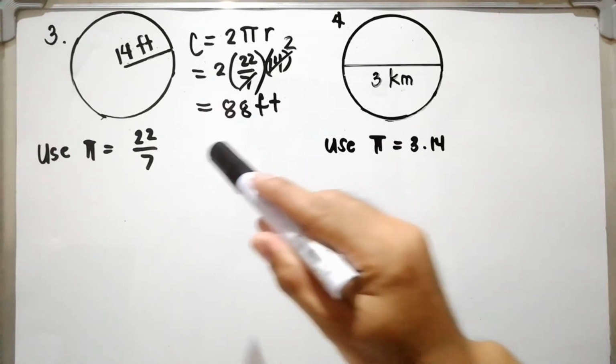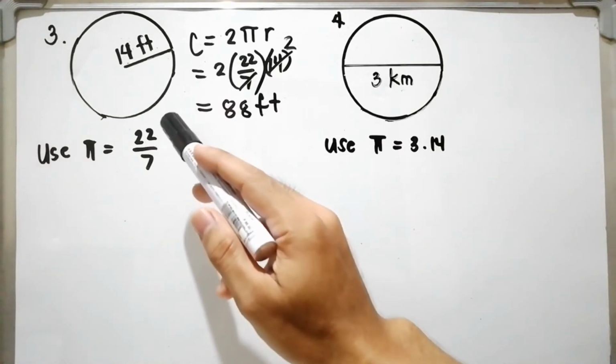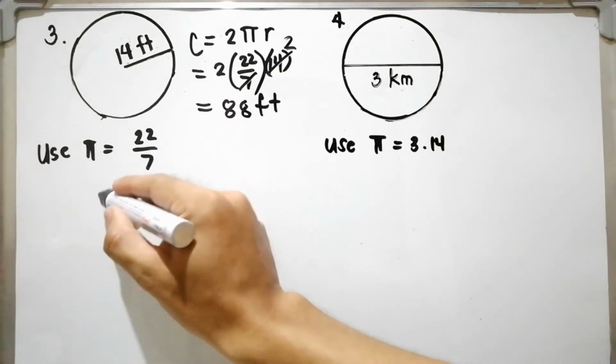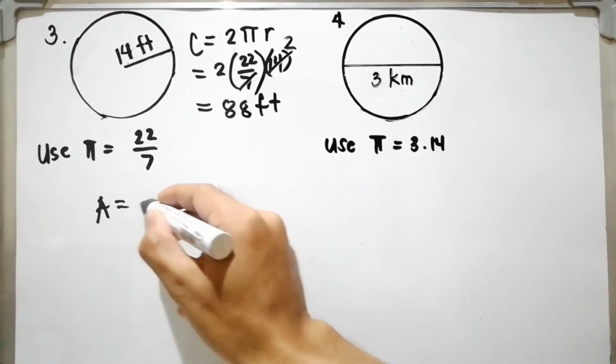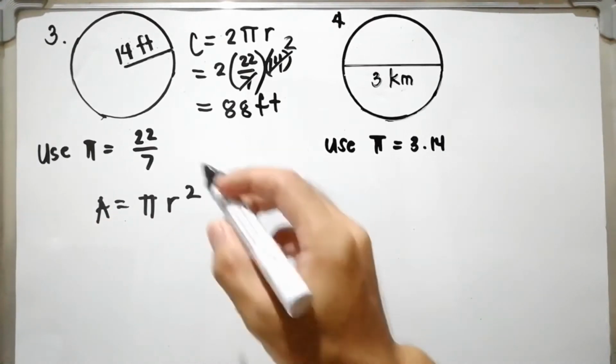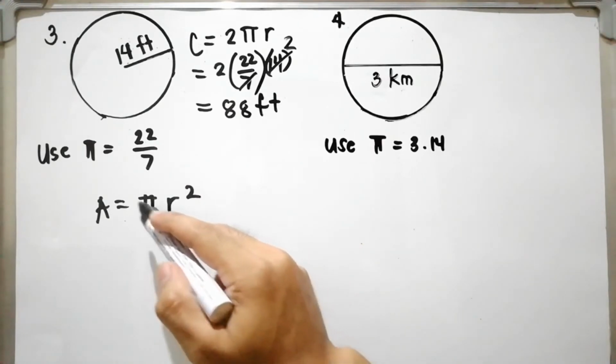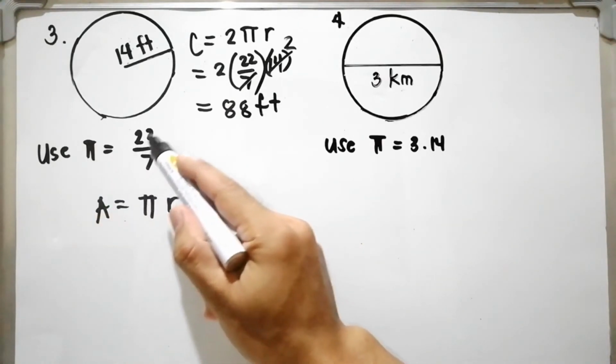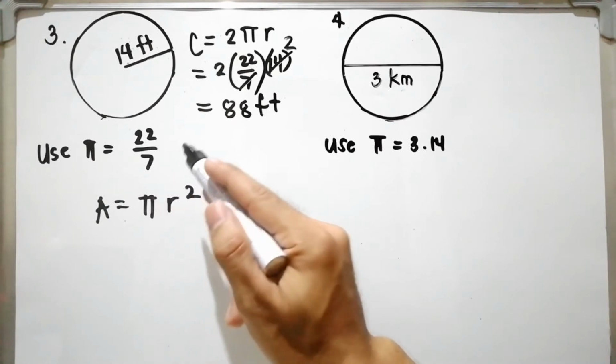So let us have the area of this circle. Again, the formula for area is A equals pi r squared. Again, use pi equal to 22 over 7 as an approximation.